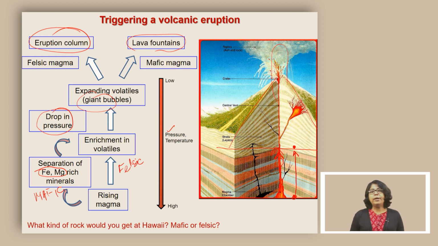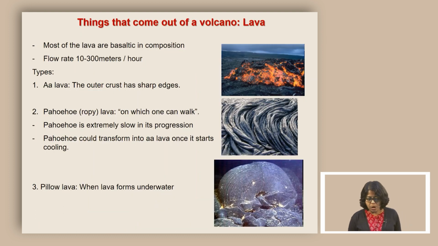Now, what kind of material comes out in the final eruption, when the magma finally reaches the surface? There are again different kinds of components. There is a solid component, there is a liquid component, and then there is a gaseous component, and each of these components is extremely important because they have a relationship with the overall structure of the earth, including the other spheres such as atmosphere, biosphere and hydrosphere.